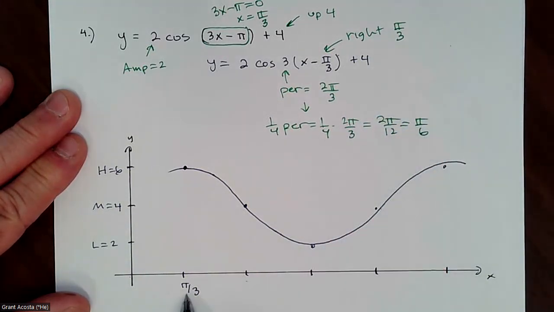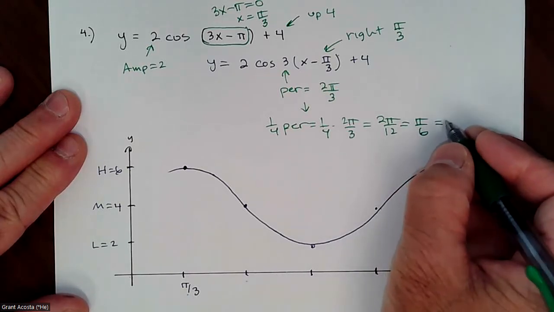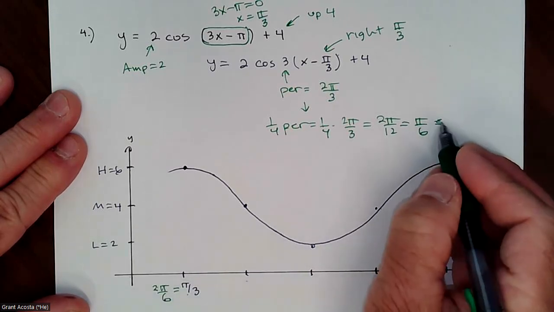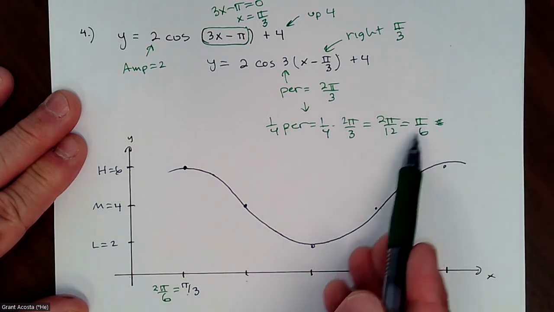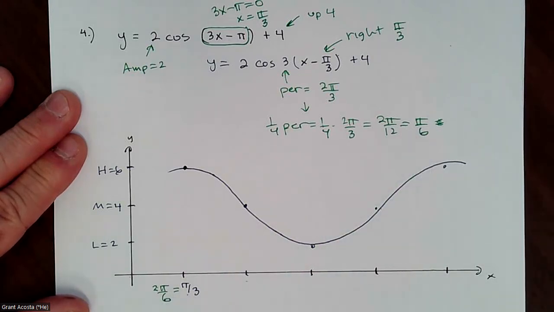So I want to add pi over 6 to pi over 3. So let's think of this in terms of, maybe this time I need to think of pi over 3 in terms of 6. Pi over 3 is really 2 pi over 6. So I'm going to be adding pi over 6 to 2 pi over 6.